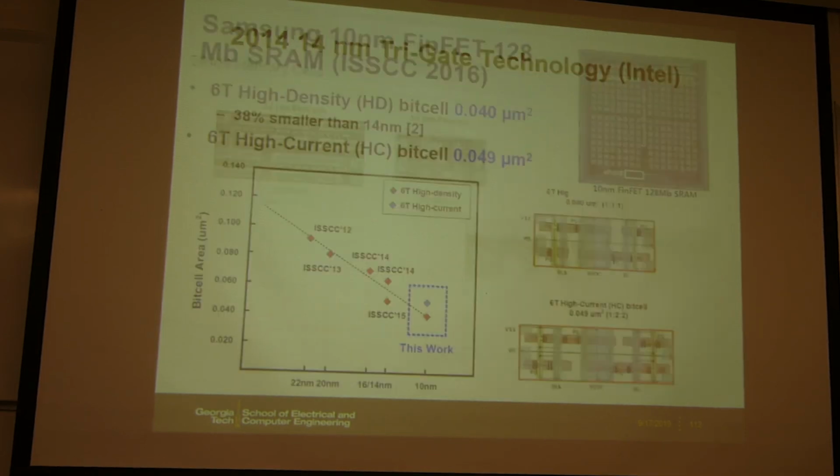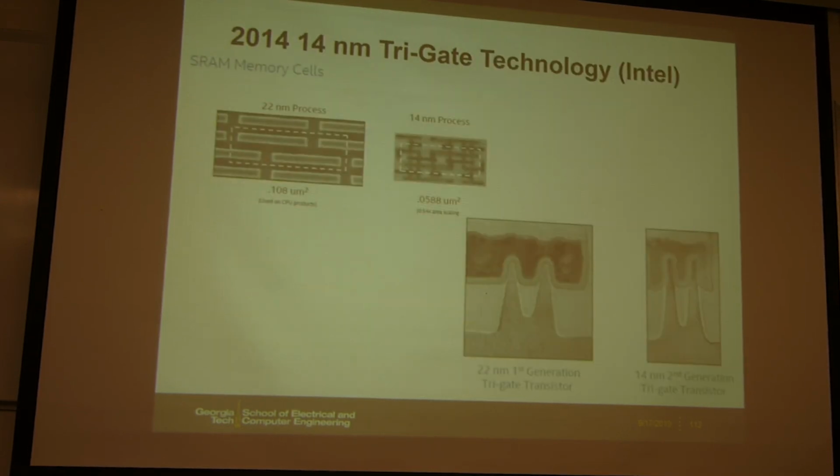And I think two more slides. So in 2014, Intel introduced the 14nm tri-gate technology. If you compare the 14 versus 22nm, the difference is that the fin is even thinner, and the aspect ratio is even larger. So that's a key difference between the 14 and 22 nanometer.